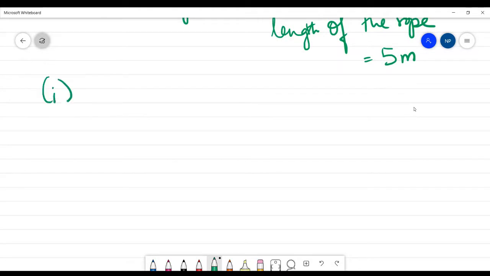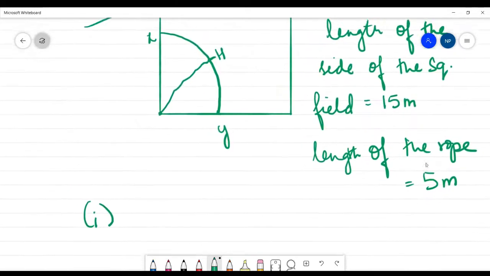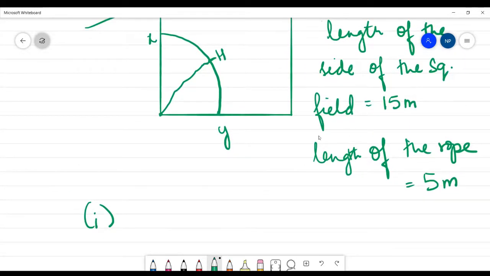In the first part, we have to find the area of that part of the field in which the horse can graze. Now if you see, children, this is a square. If we were to determine theta, we all know that the angles of a square are always 90 degree. So from here we get theta as 90 degree, isn't it?